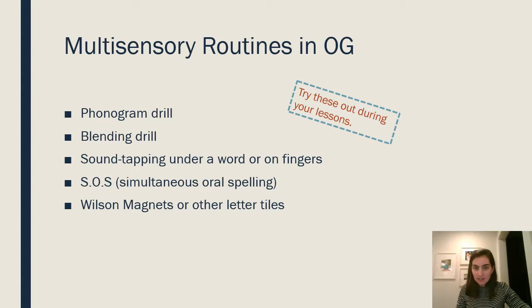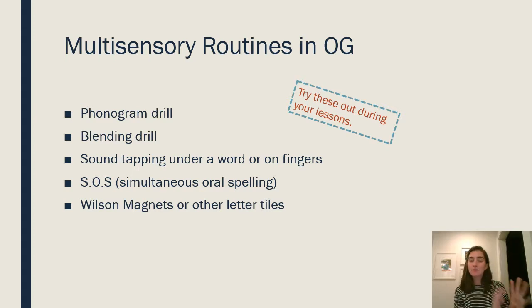If they're reading and they sound tap under a word, that's multisensory. When they're spelling and they do the simultaneous oral spelling, SOS, they're sound tapping on their fingers to sound it out before they write it, that's multisensory. And if they're using Wilson magnets or other color-coded letter tiles, that's multisensory.